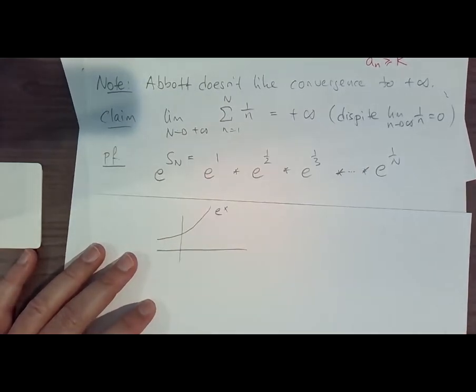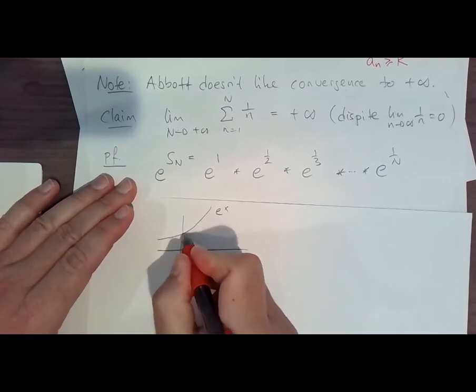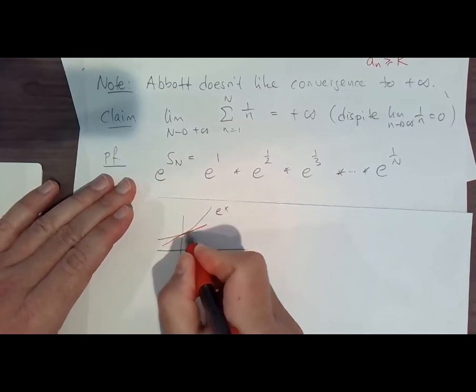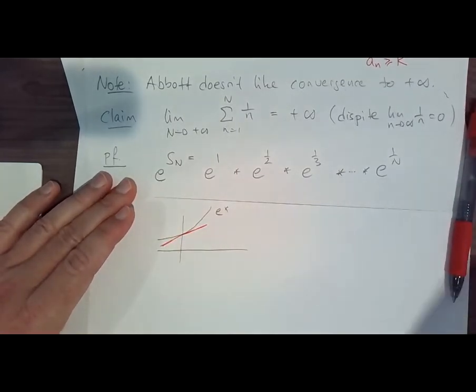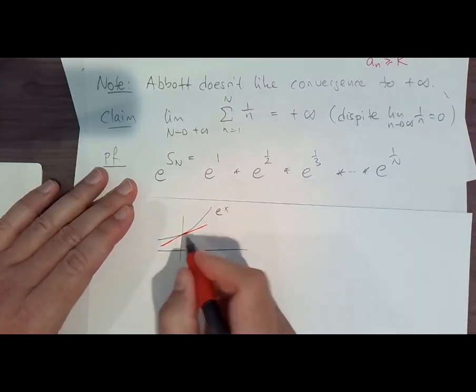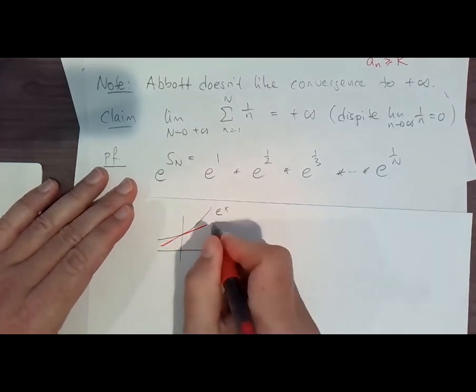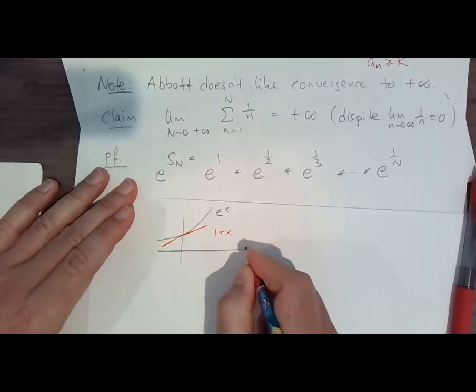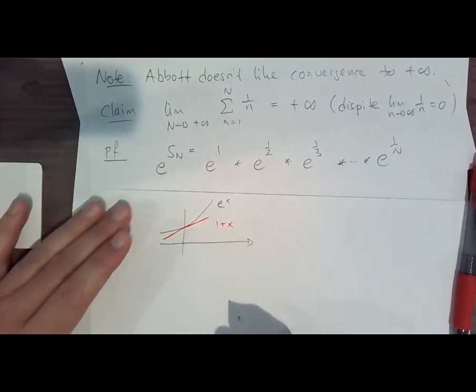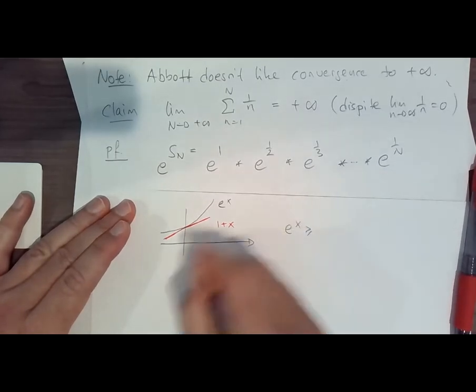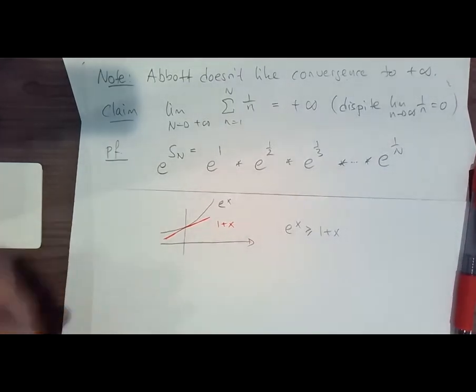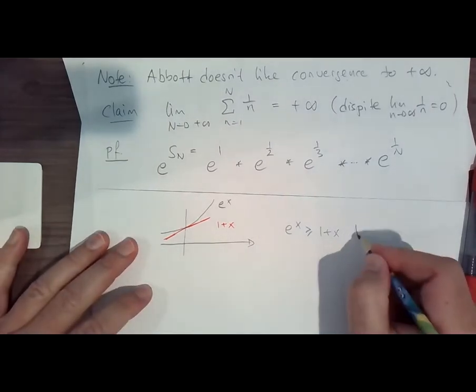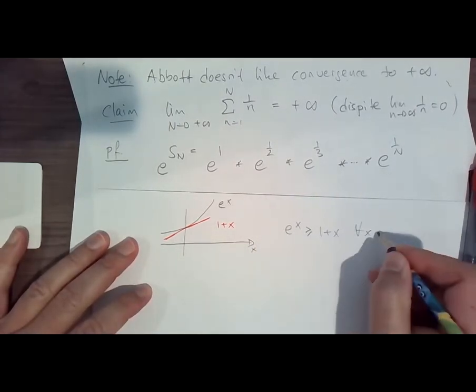And what I can do is put a straight line in here. This straight line is 1 plus x, with intercept 1 and slope 1. So e to the x dominates this term for any x on the real line.